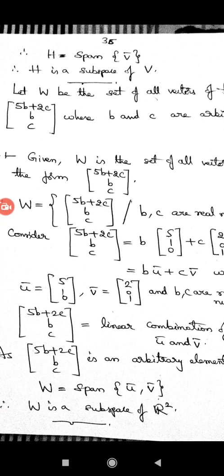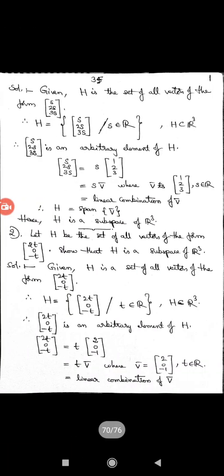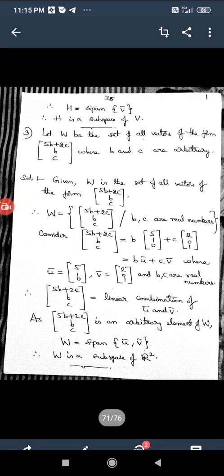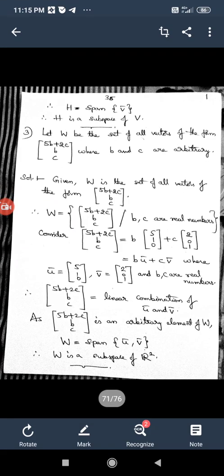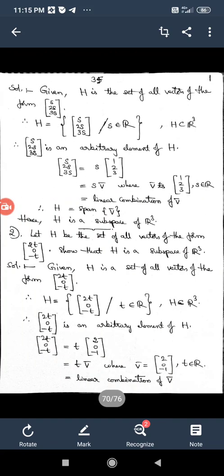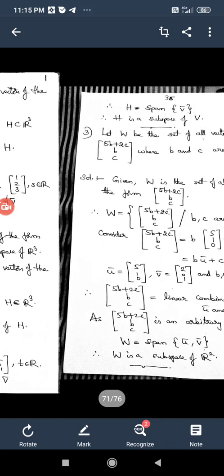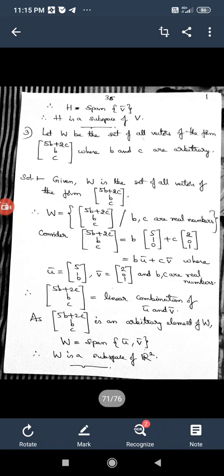So H is equal to span of v bar, where v bar is the vector that we found as (2, 0, -1), and that is how H forms a subspace of the vector space V, where V here is the set of 3 by 1 vectors, so it is R3. So H is a subspace of R3.